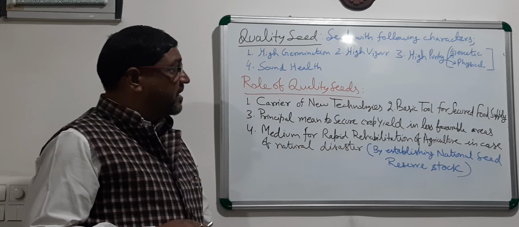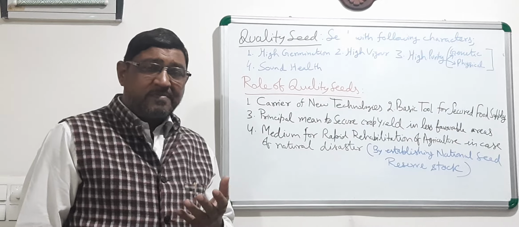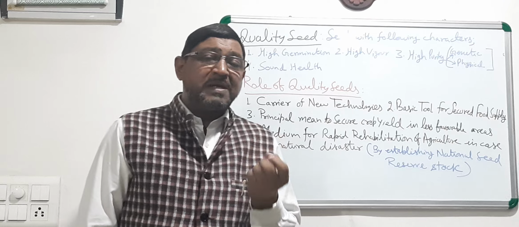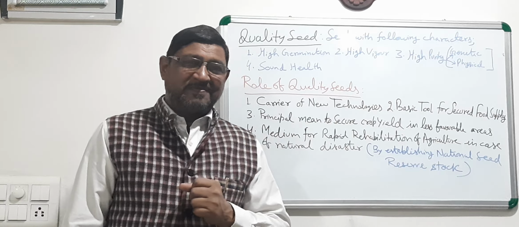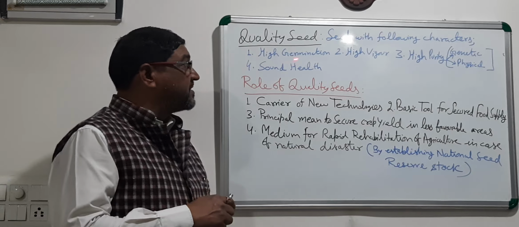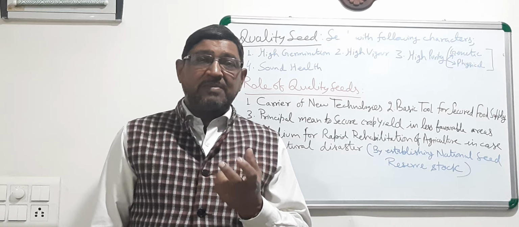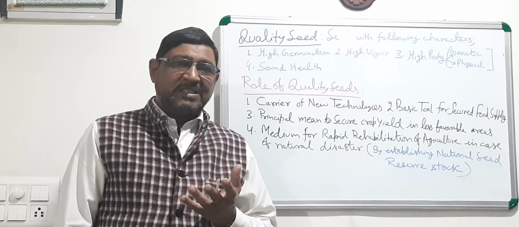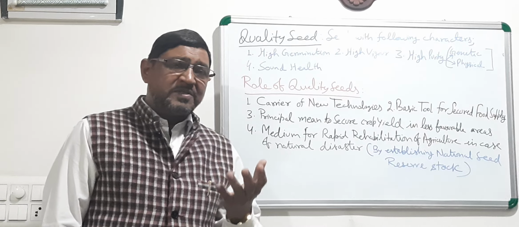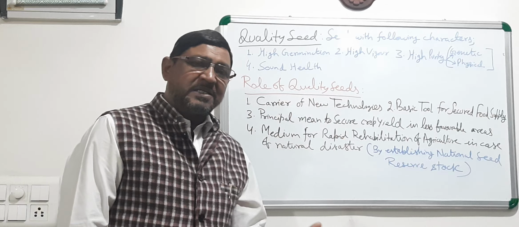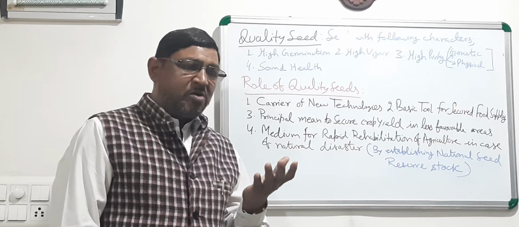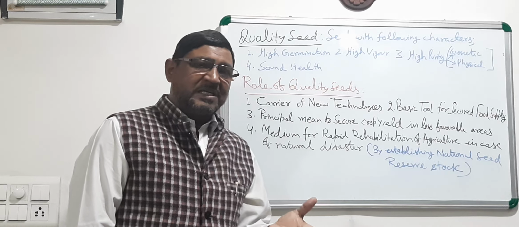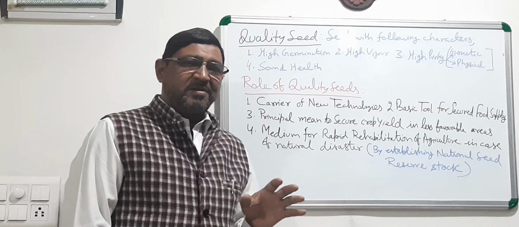But if you talk about high vigor, it concerns the germination as well as the establishment of the seedlings. Germination alone cannot explain the normal establishment of the seedling. So vigor means, once you have planted the seed in the field, how much standability, how much establishment of the seedlings, whether it is normal or not.